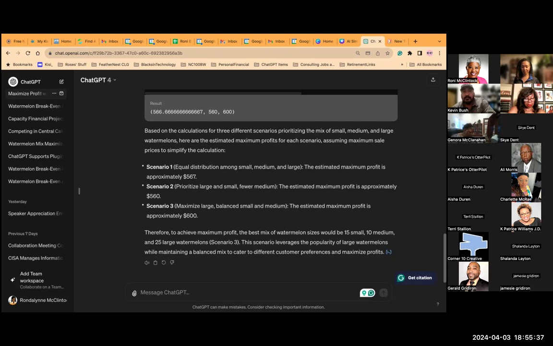Okay. So based on the calculations for 3 different scenarios, prioritizing the mix of small, medium, and large, here are the estimated maximum profits for each scenario, assuming maximum sale prices to simplify the calculation. In scenario 1, equal distribution among small, medium, and large, the maximum profit you can make is $567.